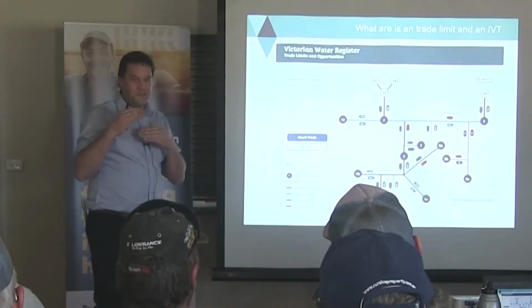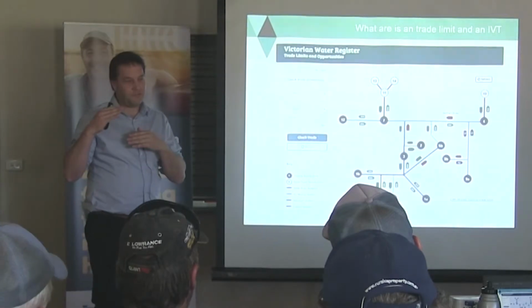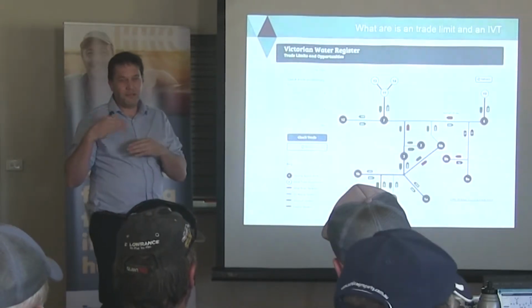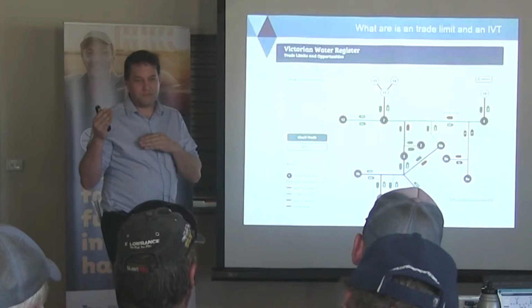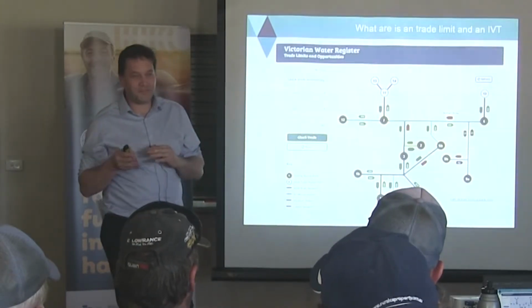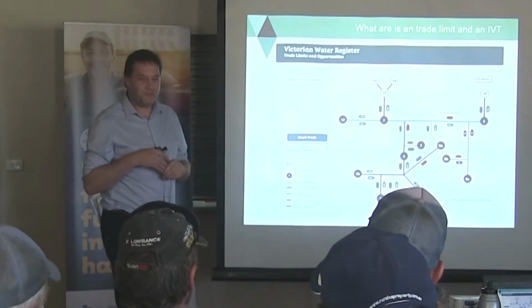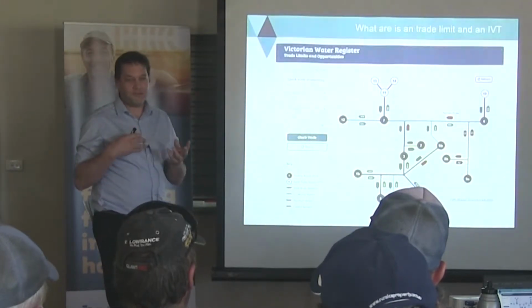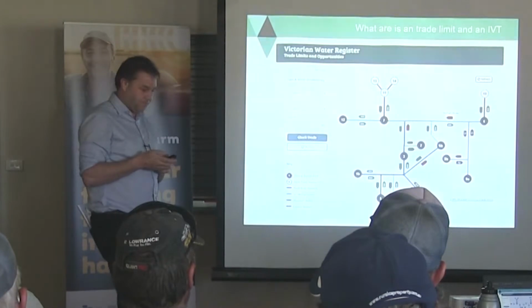And then as the year goes on, it goes up and down depending on how much trade occurs, those legacy trades on the seasonal determination, and how much water gets released. So it's complex to understand and to keep an eye on, but they are the parts that influence the Goulburn Murray trade limit.